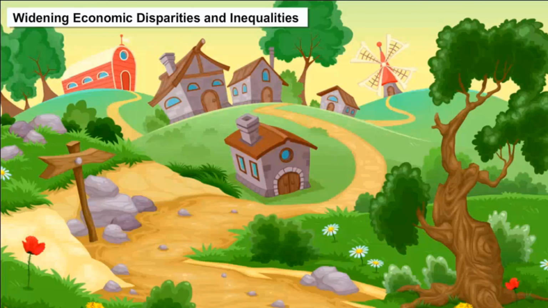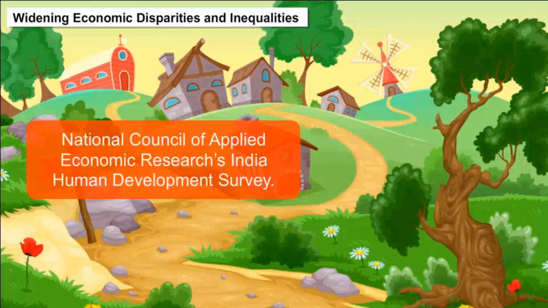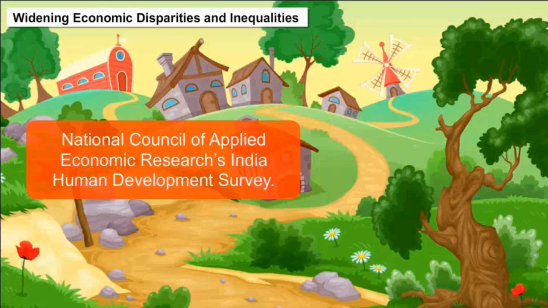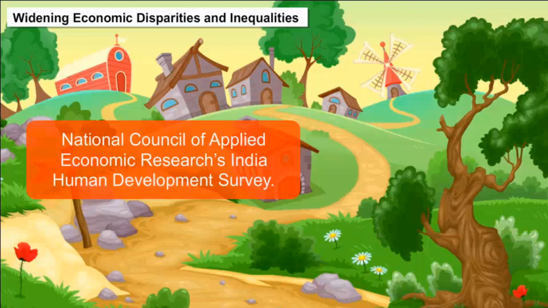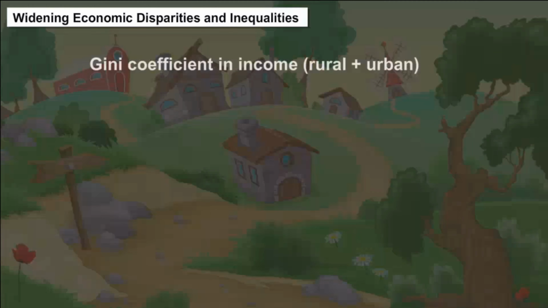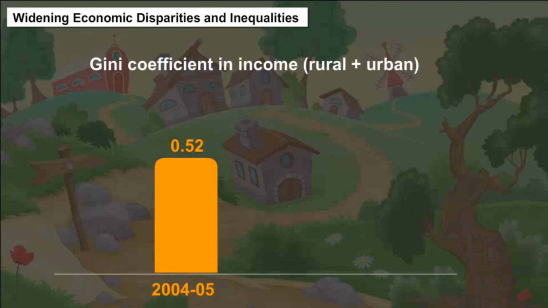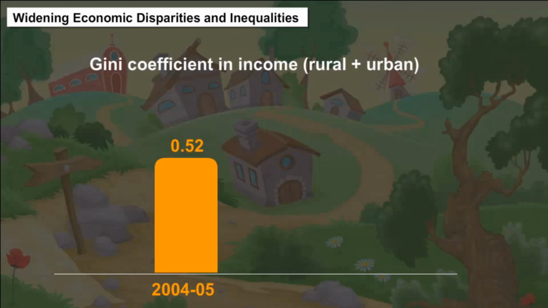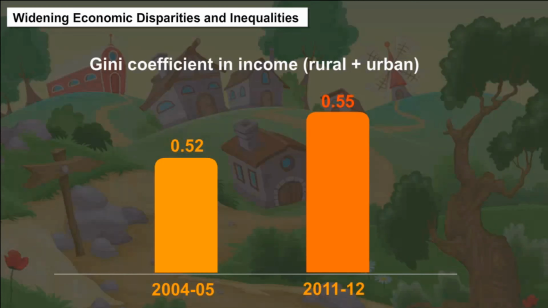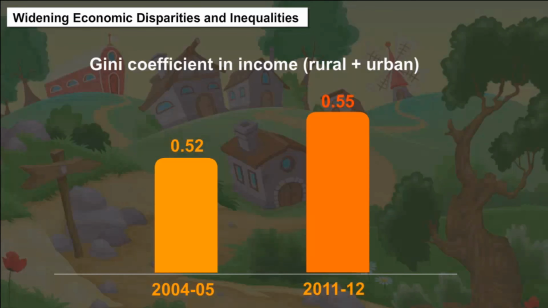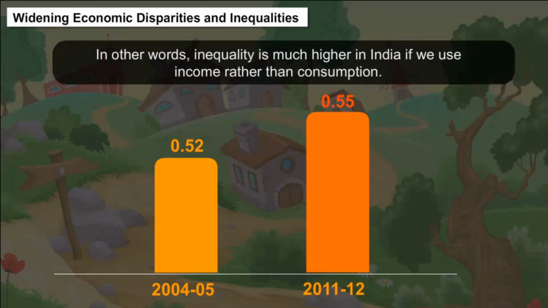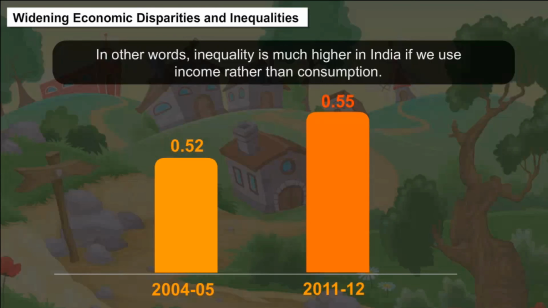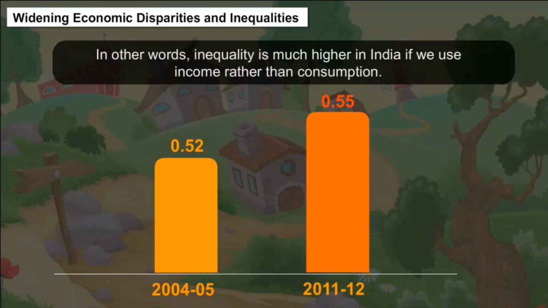If we use income data from the National Council of Applied Economic Research, India Human Development Survey, the Gini coefficient in income, rural plus urban, was 0.52 in 2004-2005 and increased to 0.55 in 2011-12. In other words, inequality is much higher in India if we use income rather than consumption.